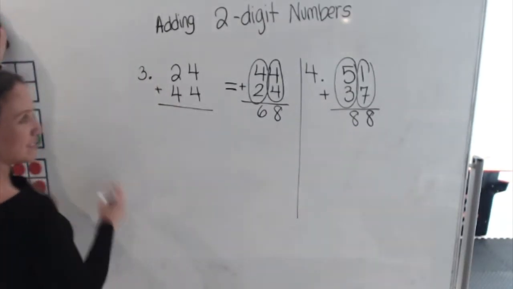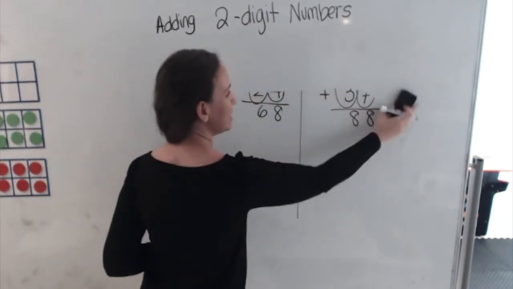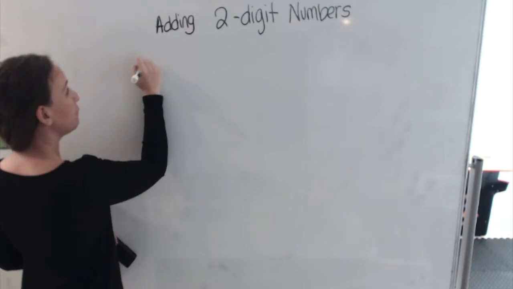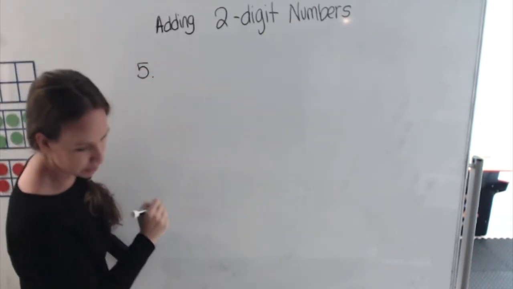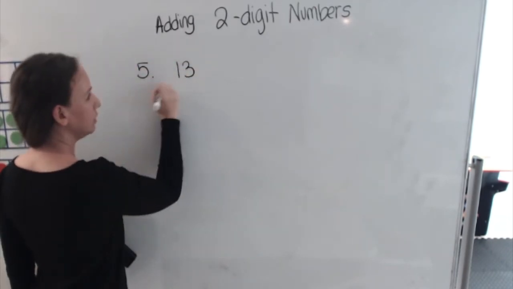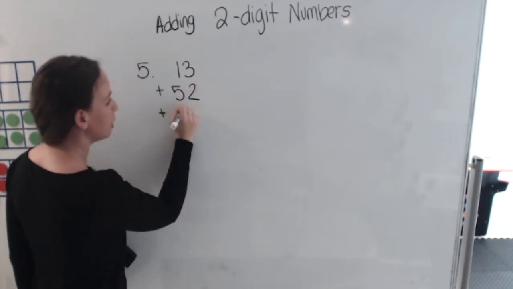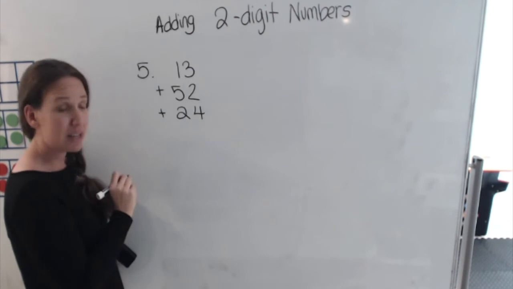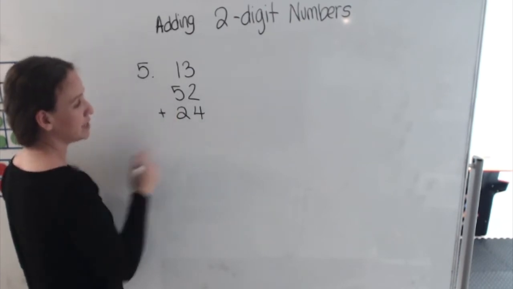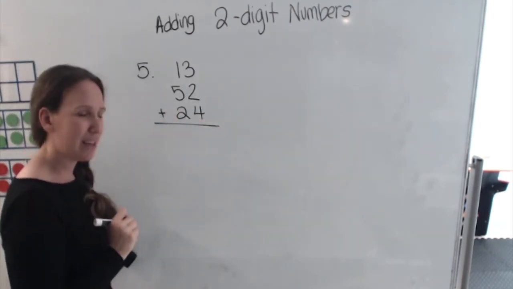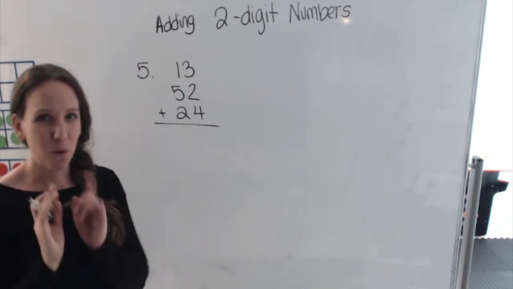Great job, guys. So I want you guys to try problems 5 and 6 all on your own right now. Number 5, these are so much harder, is 13 plus 52, oh my goodness, plus another number, 24. But if you notice, they only put one plus sign there. It's the same thing. So I want you to use your head.